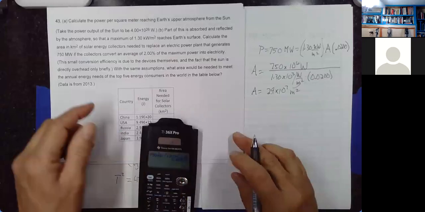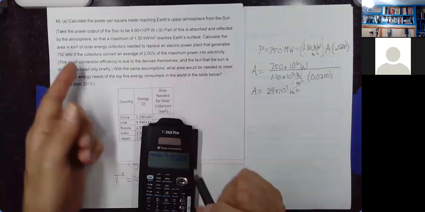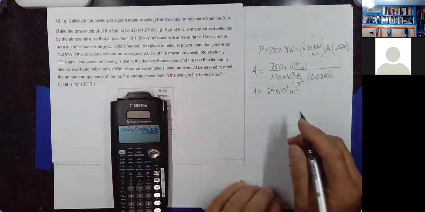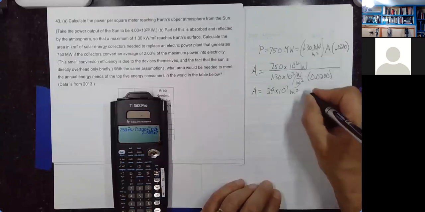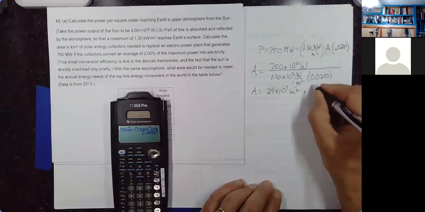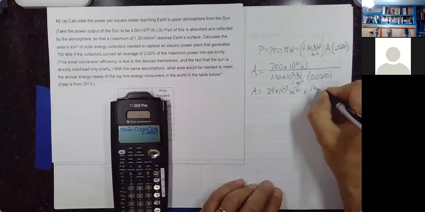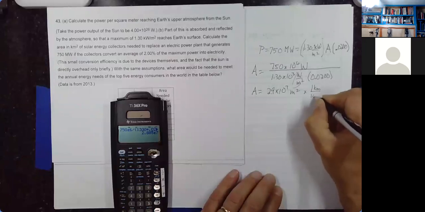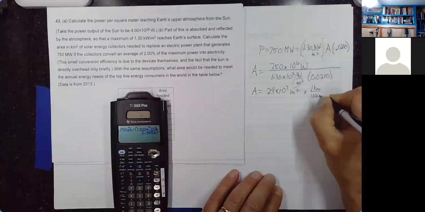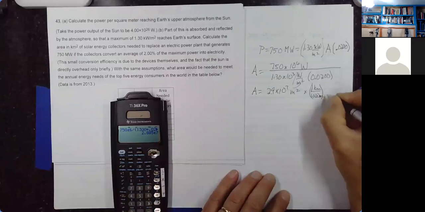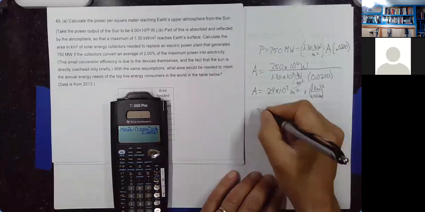Oh, we want an area in kilometers squared. Okay, so if I multiply that by 1 kilometer divided by 1,000 meters and square that, then I'll have kilometers squared.